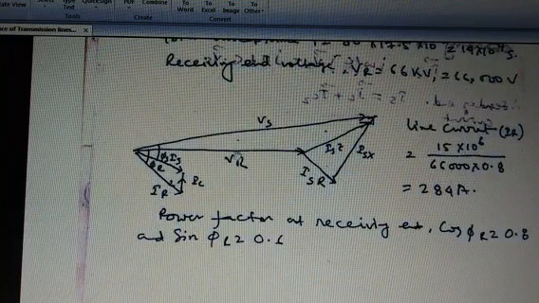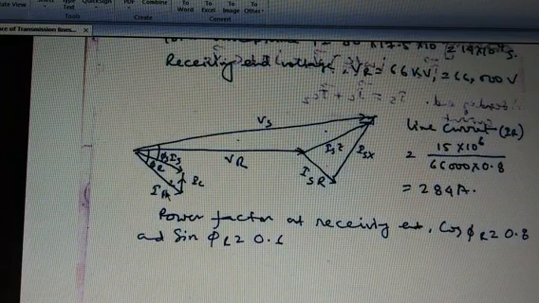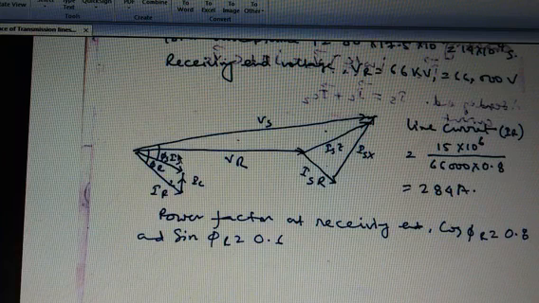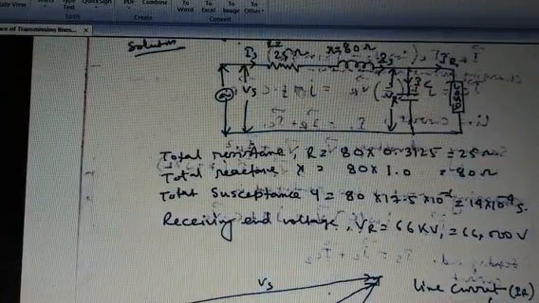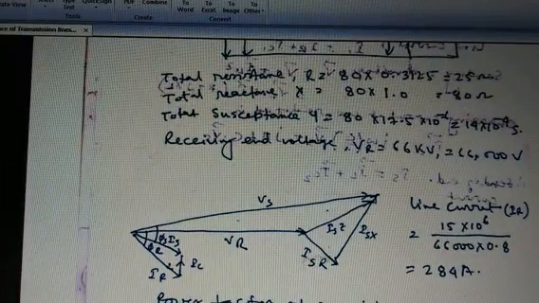Now the vector diagram related to the problem: VR here is the reference, and that is Is, and that is IR. The angular displacement between IR and VR is phi r. The voltage drop in the resistive part, IR, is in phase with the current.